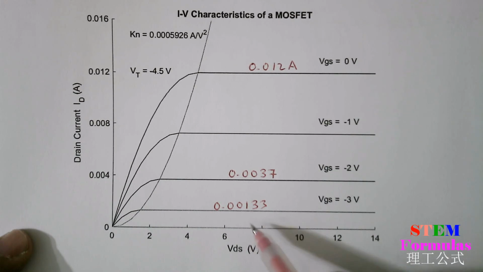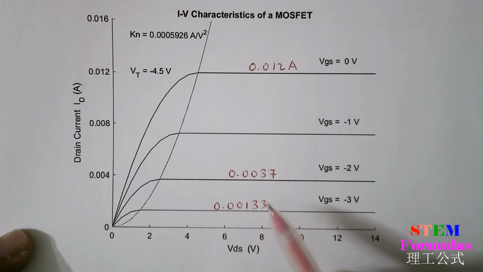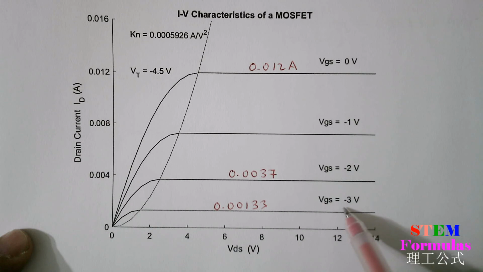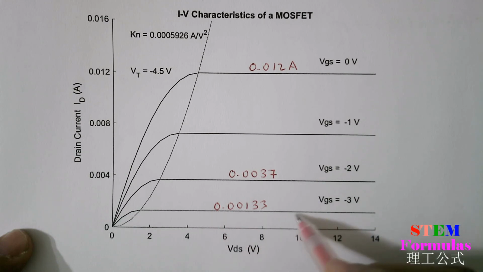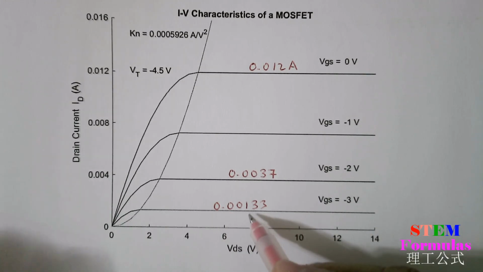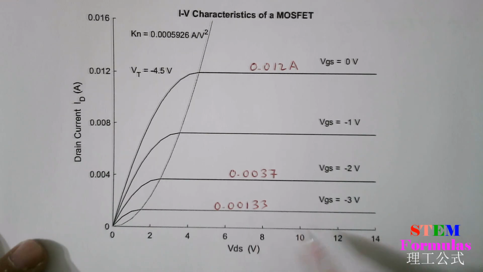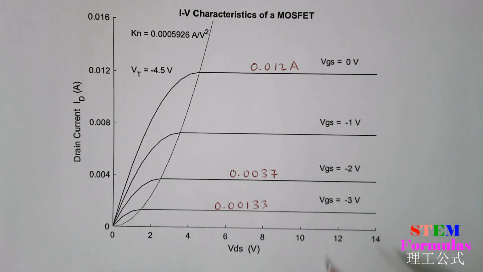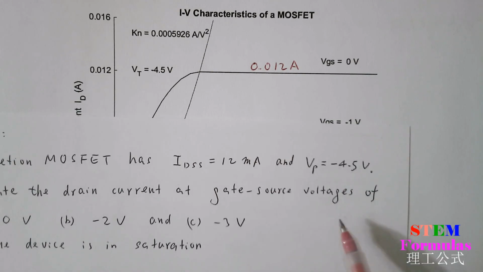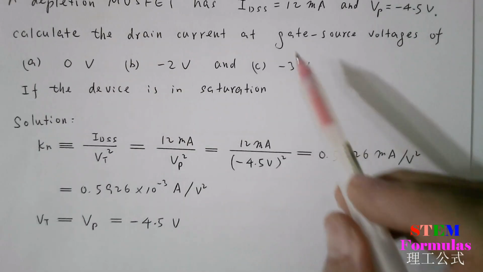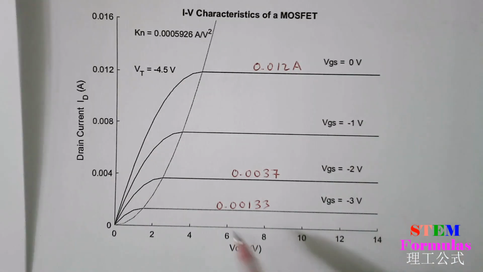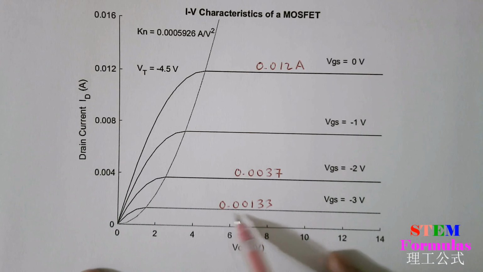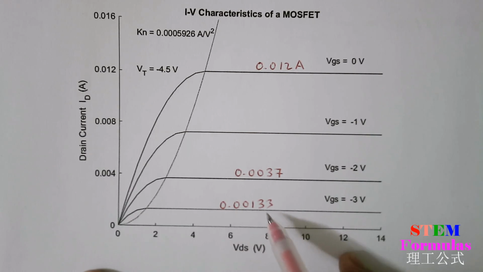Then from MATLAB I can identify at VGS minus 3 this value. From MATLAB you can put your cursor anywhere here, then you can get this value. So this is the answer for here. The problem is this: gate source voltage equal minus 3. The answer equals 0.00133 amp.